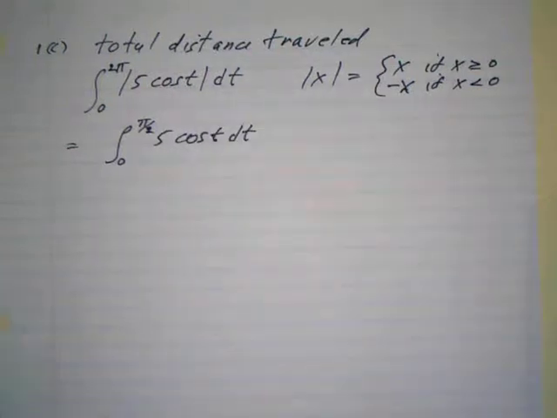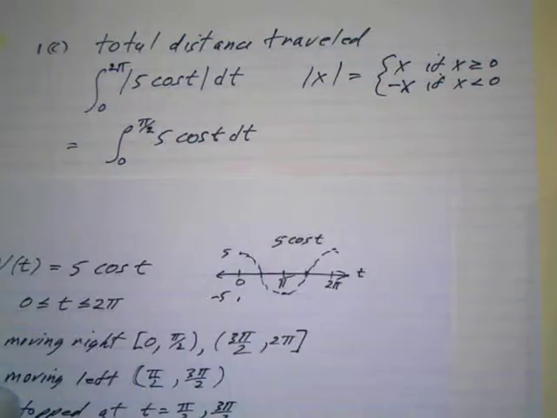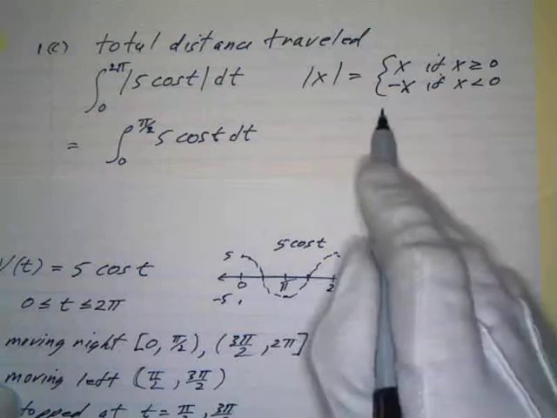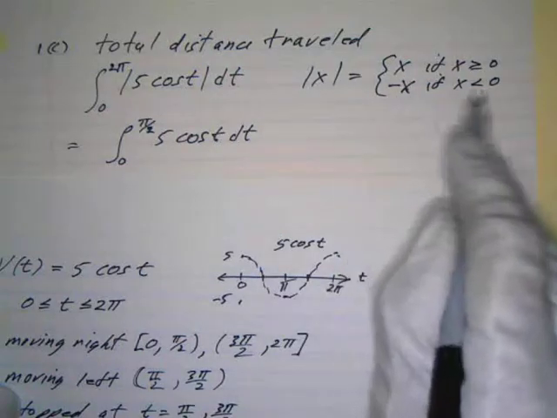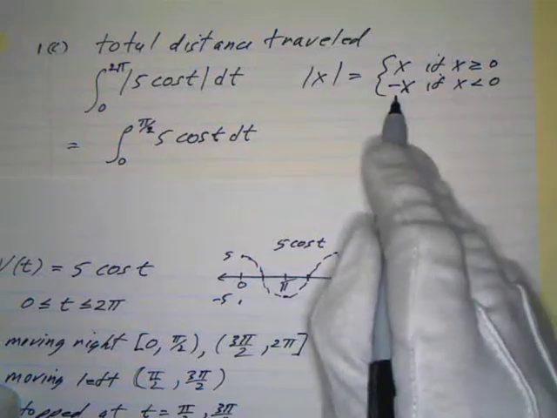And remember from the first part of the problem, this was where it was positive, so I'll just integrate this as is. But in this interval, it's negative, so the absolute value of x is less than 0 and I have to take its negative. So I have to negate my integral here.